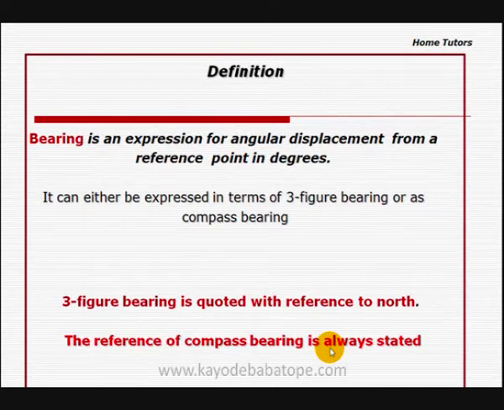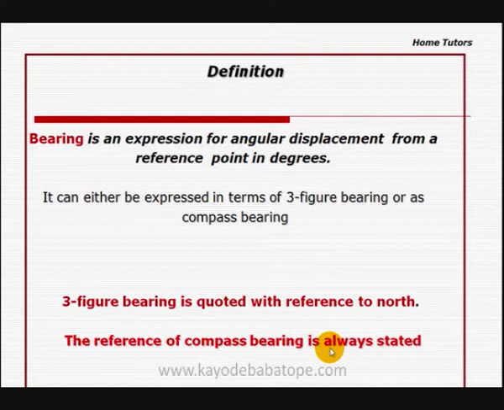For example, if I give you a bearing of 060 degrees, that is a bearing of 60 degrees, always with reference to the north. But when I give a compass bearing, I can say north 30 degree west, or I can say south 20 degree east. So the reference of a compass bearing is always stated.